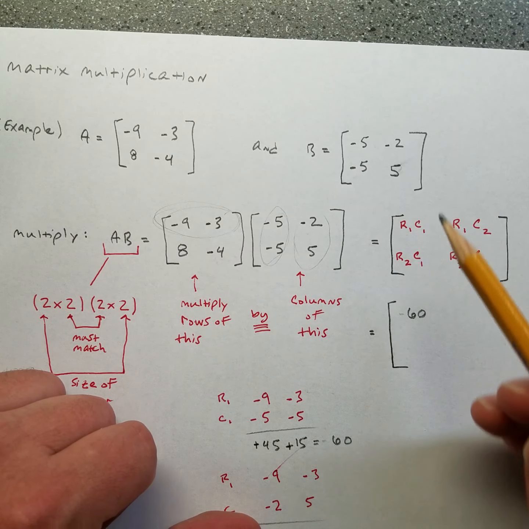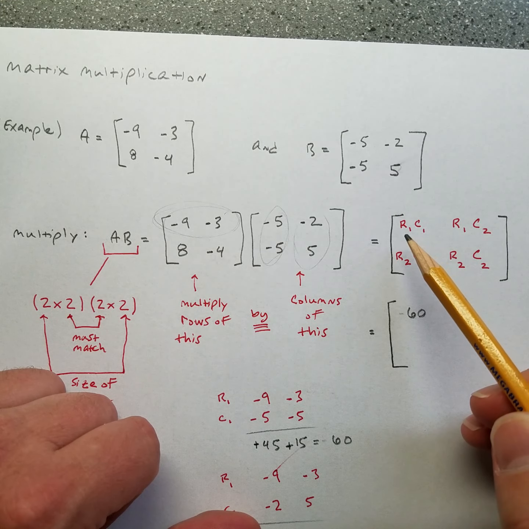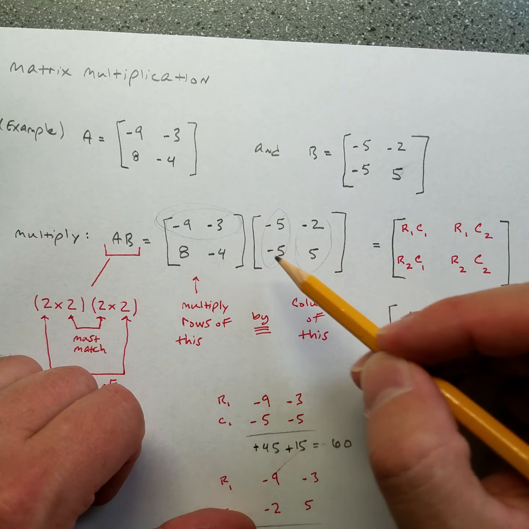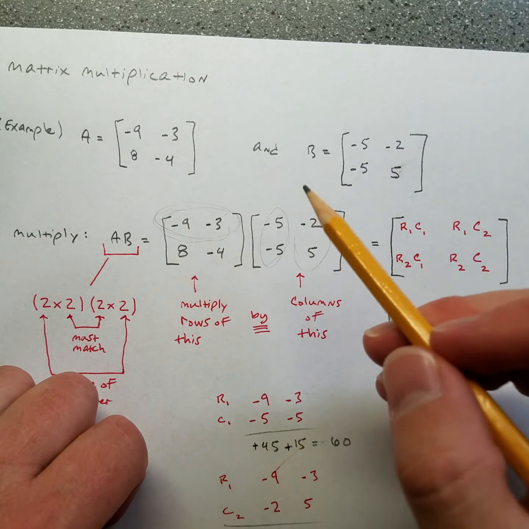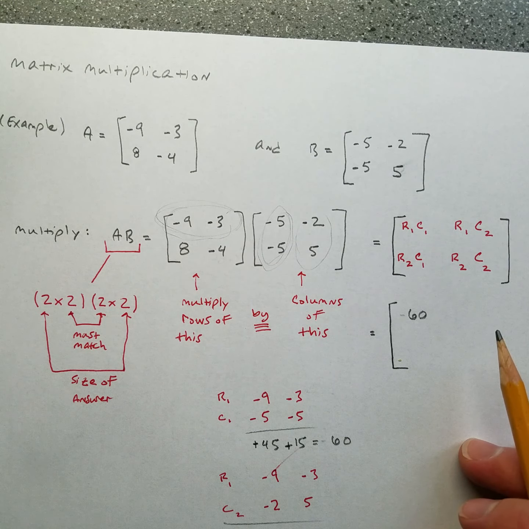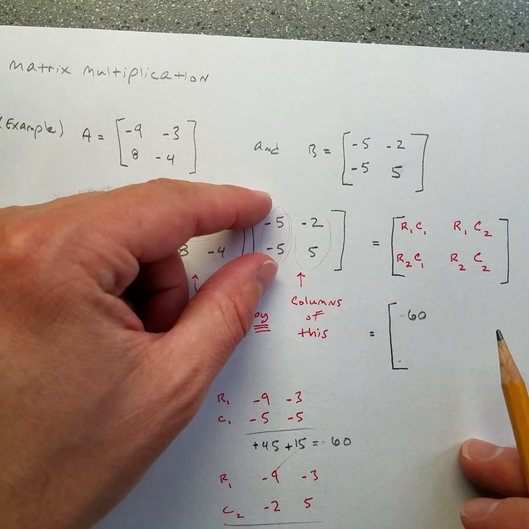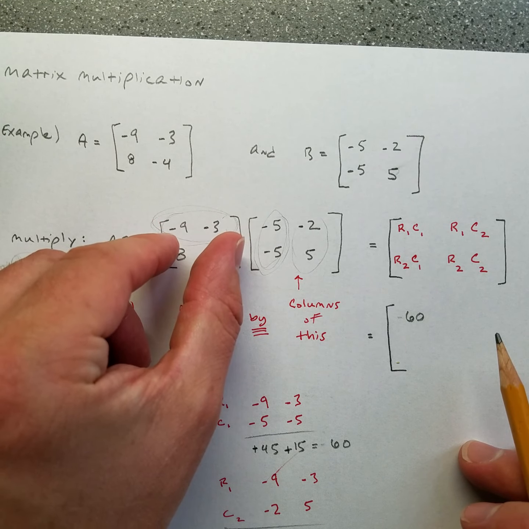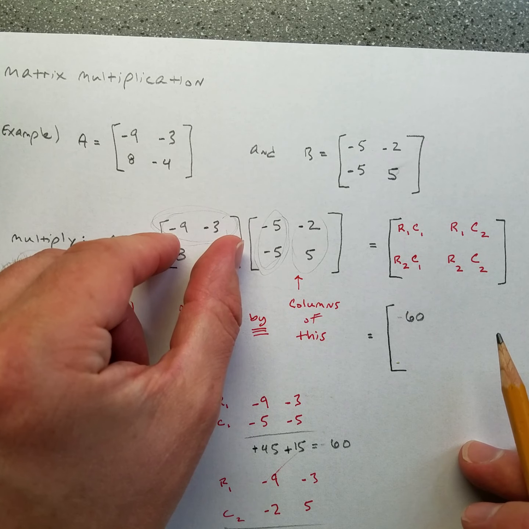When I say in this entry right here, multiply row 1 times column 1, then here's row 1, here's column 1. The way we imagine doing that is we take this column, pick it up and turn it sideways so it fits right on top of that row.